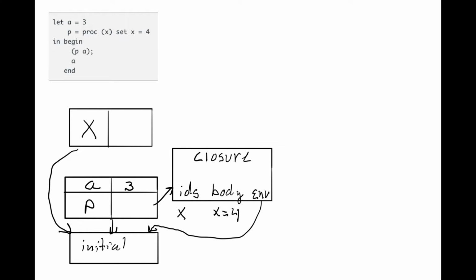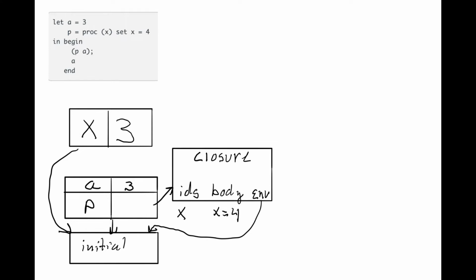So we're going to do call by value first. What call by value says is to make a copy of what is getting passed in. So a is getting passed in to x, and so we're going to make a copy of a. We look up a in the environment, see that it's 3, make a copy of it, and set x equal to the same thing.